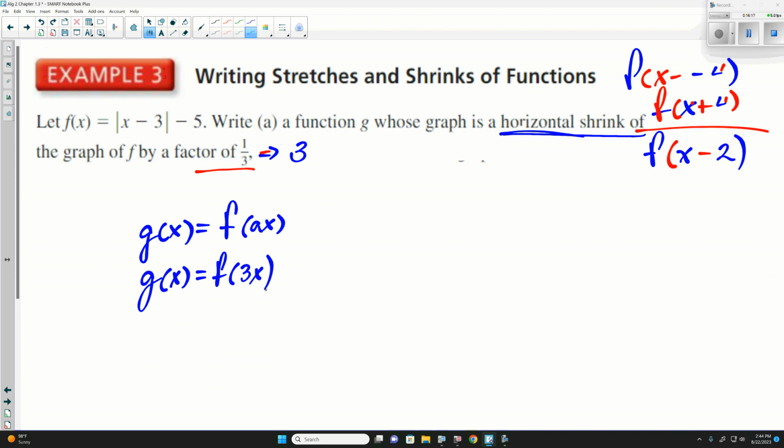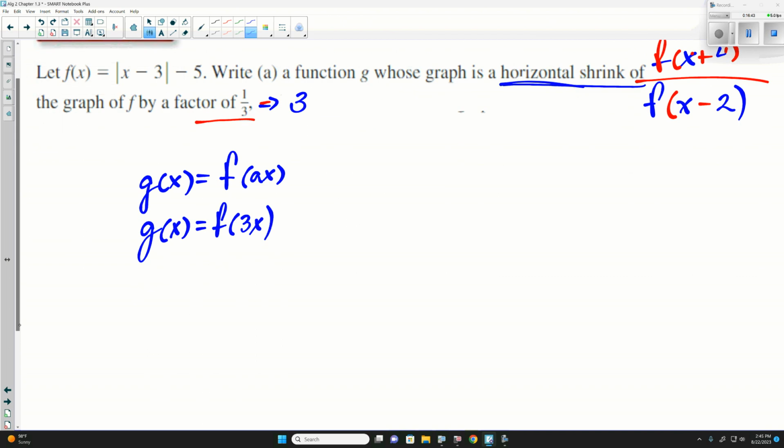That's the only one we have to do this with. Okay. Questions on this so far? That's the only real tricky thing with horizontal stretch and shrink, that we've got to flip the value they give us first, and then plug that flipped one in.